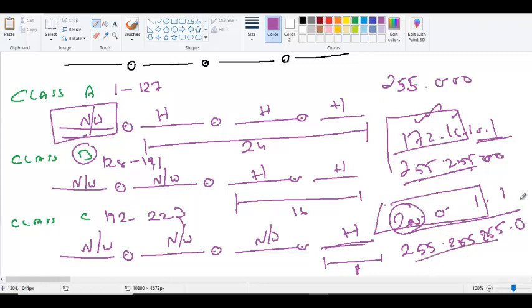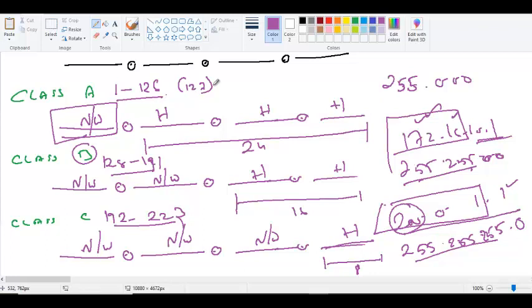And these are the ranges you should memorize, if possible. 1 to 127. Actually, it is 126. 127 is dedicated for self-diagnostic test using the loopback function.